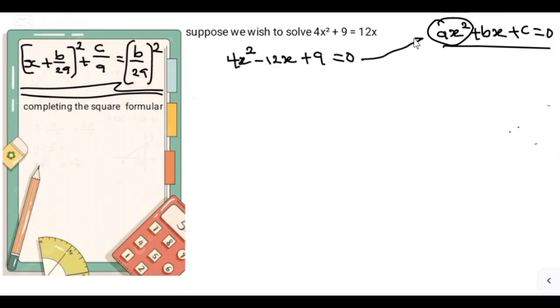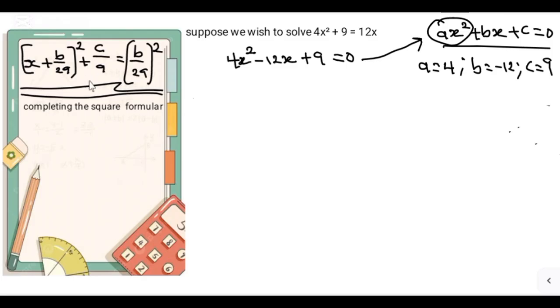Now, this and this are corresponding. To solve this problem, we're going to isolate our variables a, b, and c. Our a is equal to 4. Our b is equal to minus 12. And our c is equal to 9.